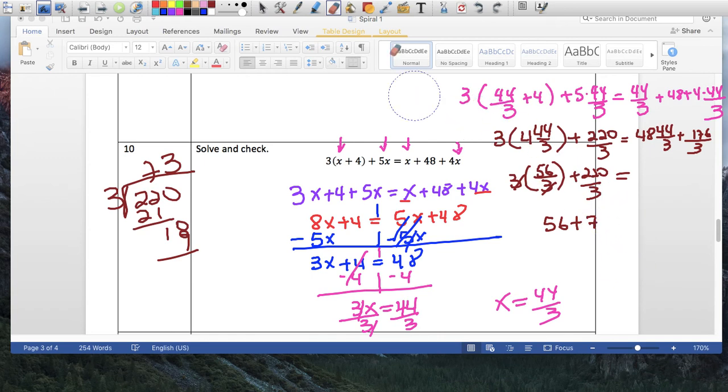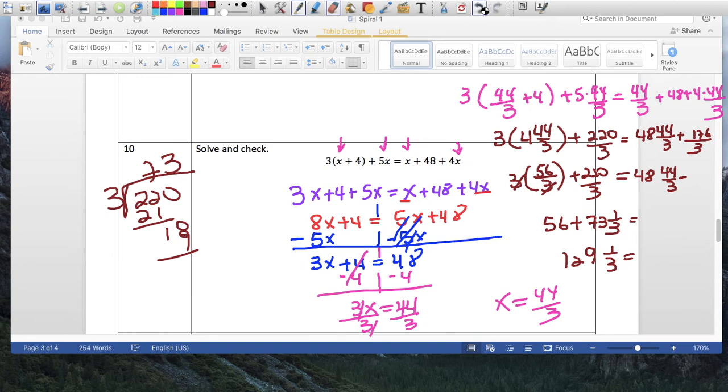I probably lost you now. 73 and 1 over 3, and that's just going to give us 129 and 1 over 3. I think I messed up somewhere. Well, let's try. On the other side, you get 48 and 44 over 3.